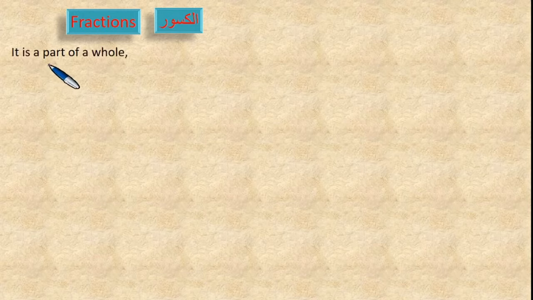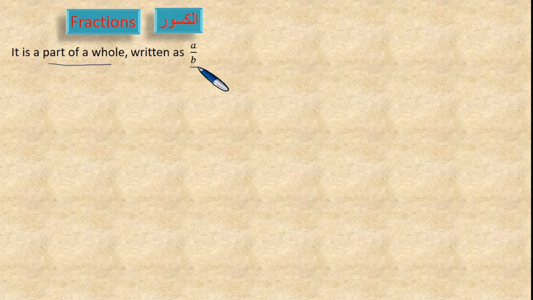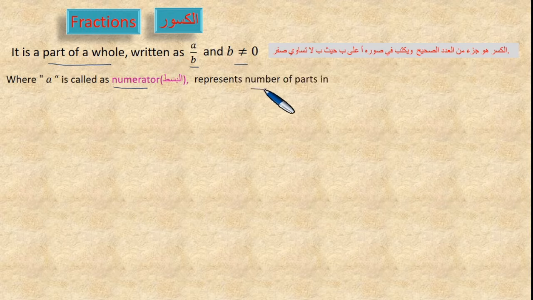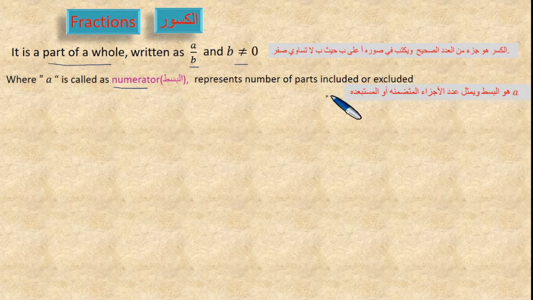Fractions. A fraction is a part of a whole, written as a over b, where b is not equal to 0. Where a, the top one, is called the numerator. You have to remember this terminology. A is called the numerator, and represents the number of parts included or excluded in a fraction.